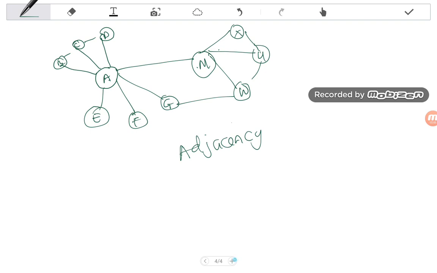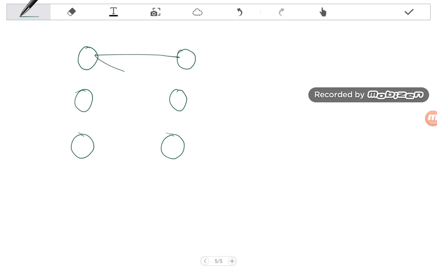Okay, so if we are to look at a simple network like this, and then we'll put another one here, put this one here, put another one here, and this one here.